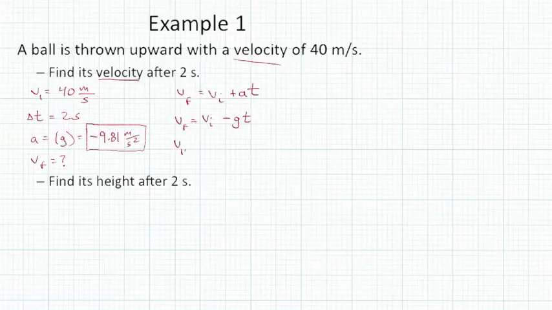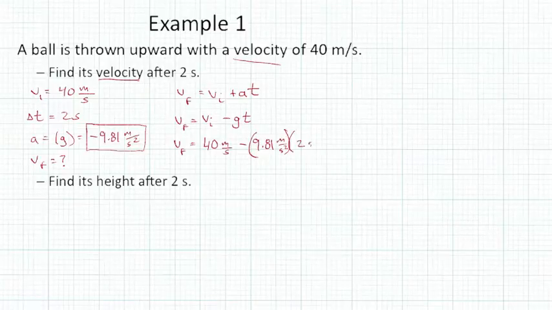So let's punch in our numbers here and solve for final velocity. What's our initial velocity? That's 40 meters per second. And then we're subtracting 9.81 meters per second squared times the time, which is 2 seconds.